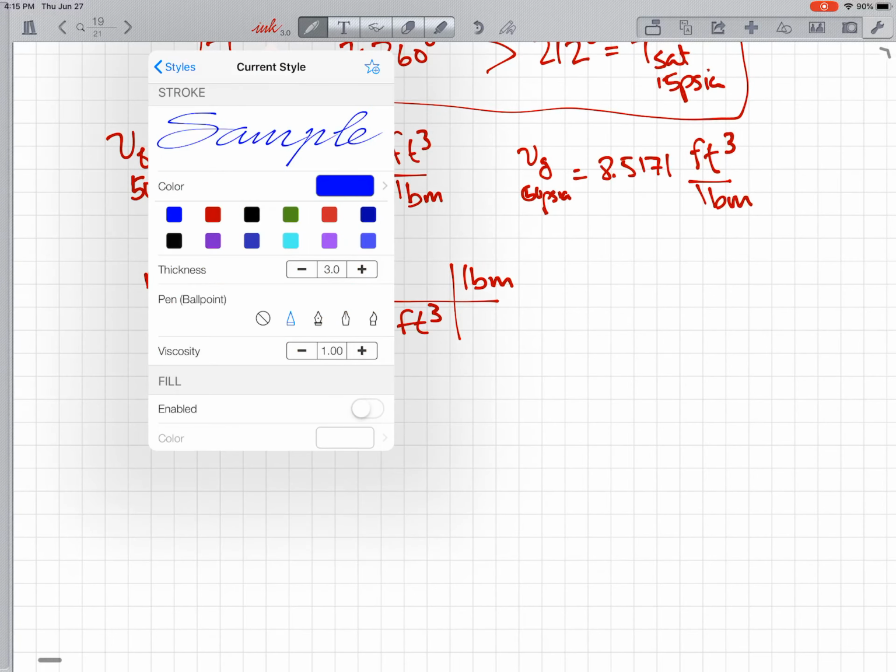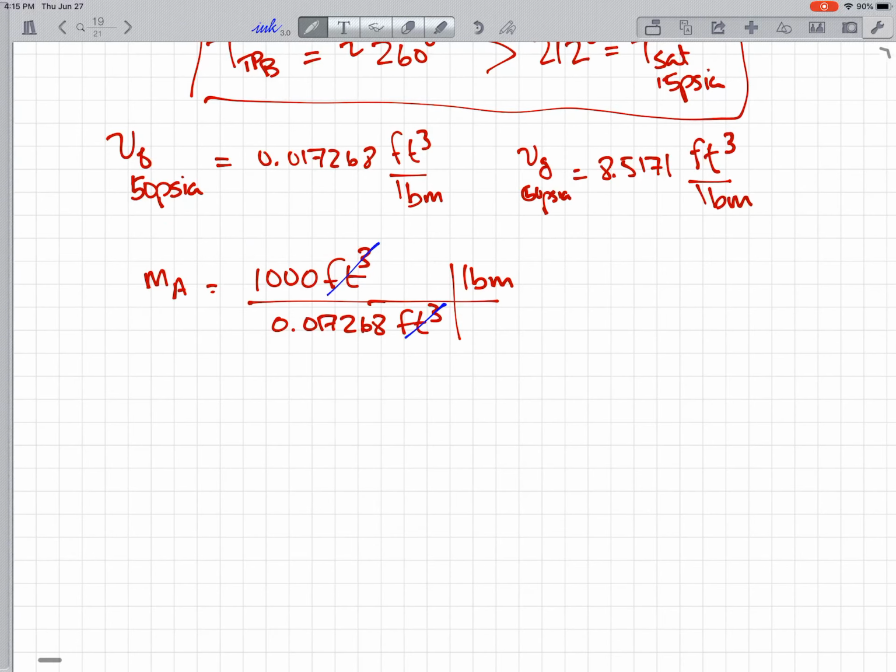If you cross out your cubic feet, you will come up with a pounds mass number, and that number is 1,000 divided by 0.017268, which is 57910.6 pounds mass.